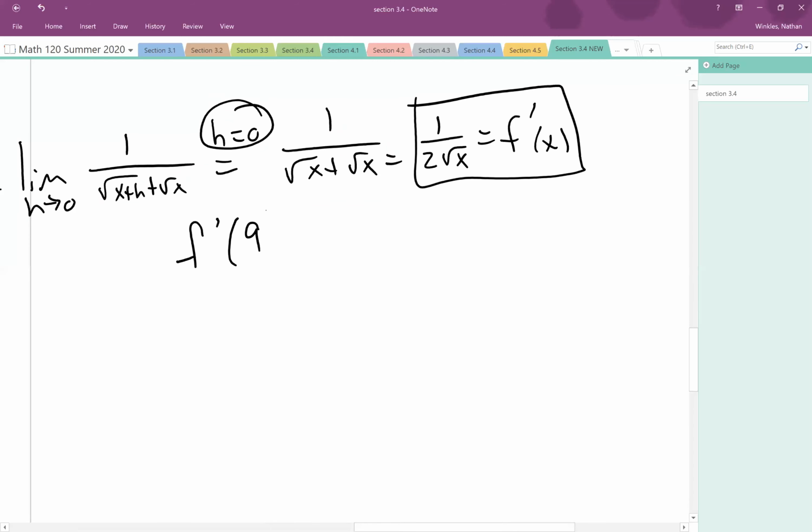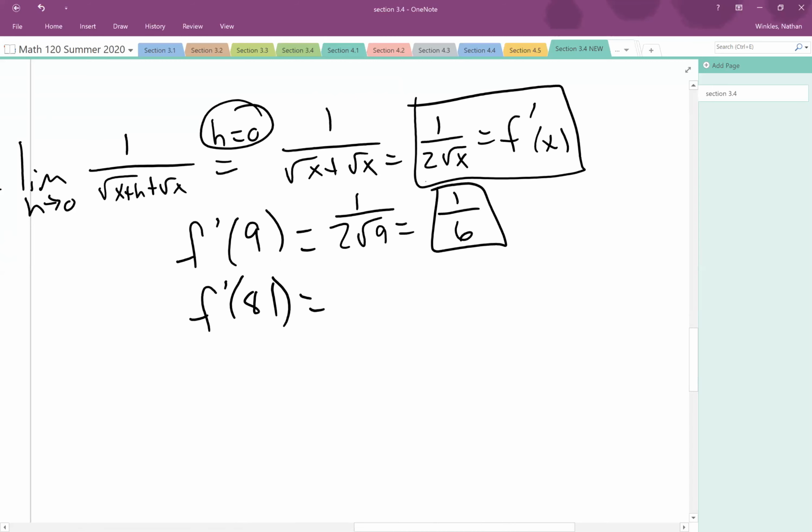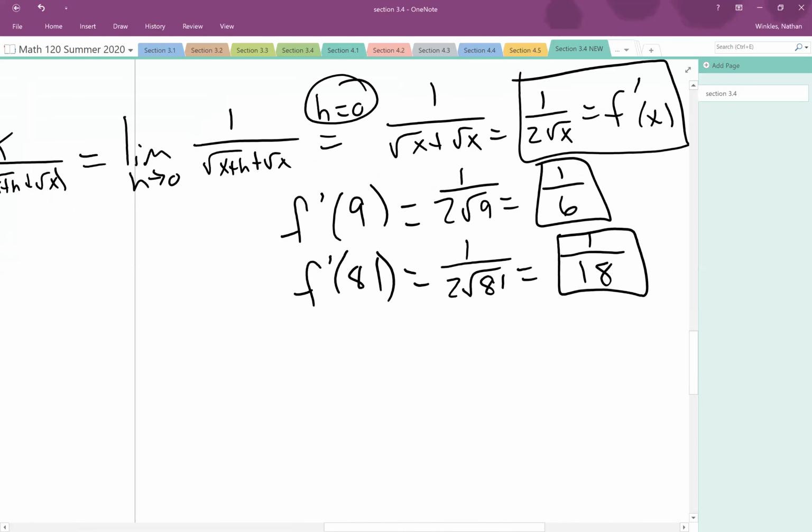So f prime of 9, f prime of 81. So we get 1 over 2 times the square root of 9, which is 1/6, because the square root of 9 is 3, 3 times 2 is 6. Then we have 1 over 2 times the square root of 81, which is 1 over 18, because the square root of 81 is 9, times 2 is 18.